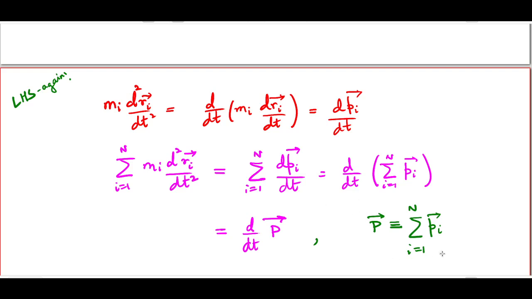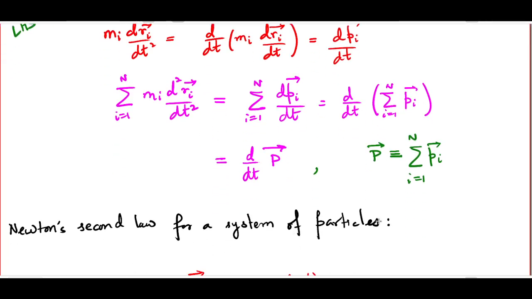So Newton's second law in this version becomes simply dP/dt equals F_external, the rate at which the net momentum of a system of particles changes is equal to the net external force acting on it.